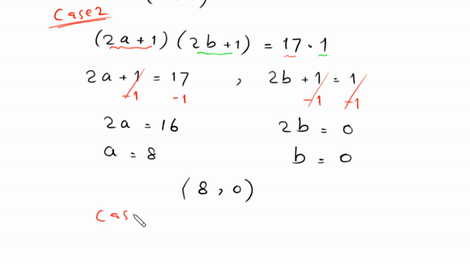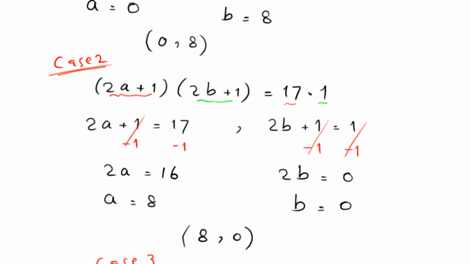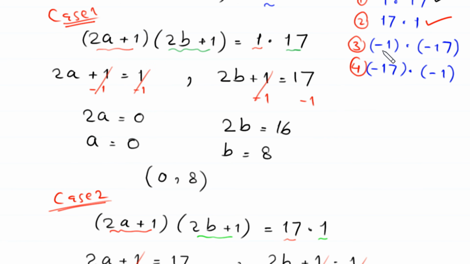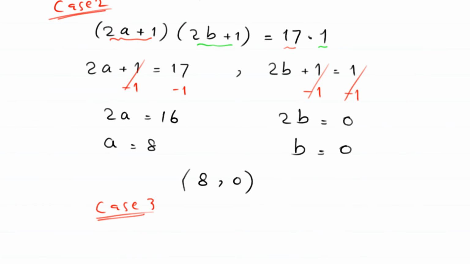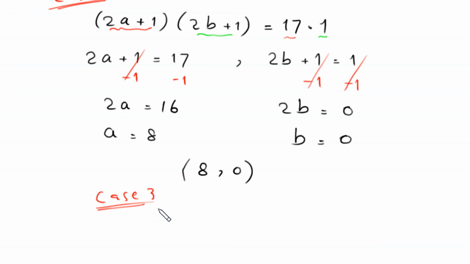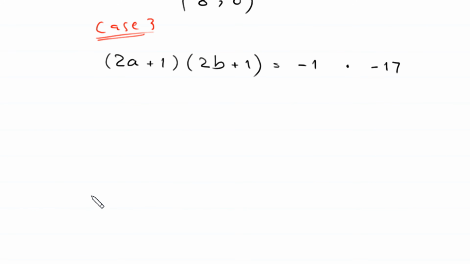Now we solve case 3. Case 3 is negative 1 times negative 17. In case 3 we write this expression 2a plus 1 times 2b plus 1 equal to negative 1 times negative 17. And we write this 2a plus 1 equal to this negative 1. We write this 2b plus 1 equal to this negative 17.